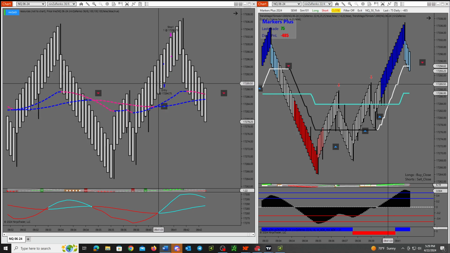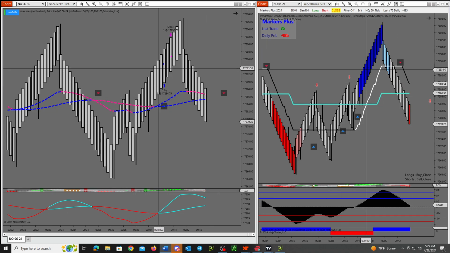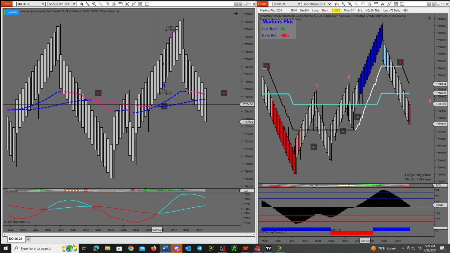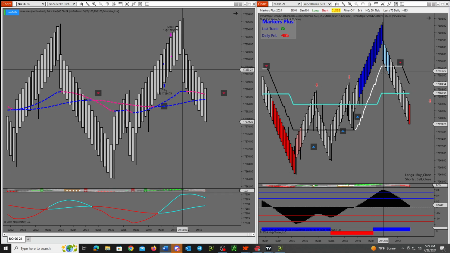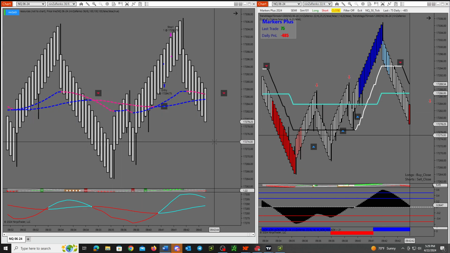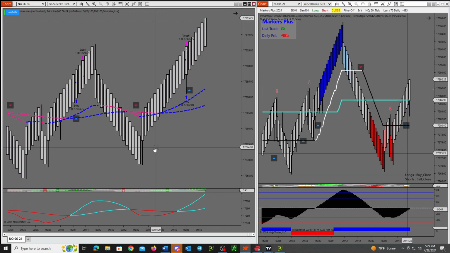So I had 3 of the Magic 6 over here, and then if you look over on this side, I've got Trend Magic crossing above. We've got BLT histogram above 0, approaching what I call my real trigger line, 0.3. So we take the trade and pull off a little bit of profit there.